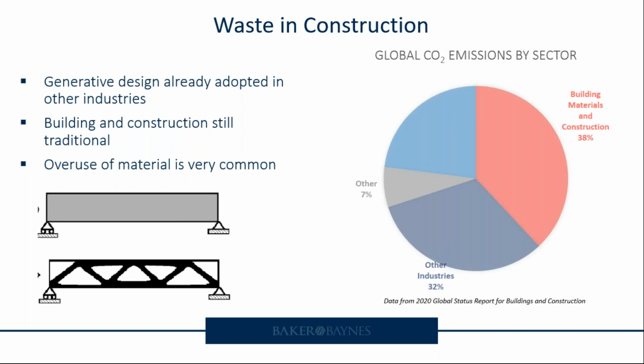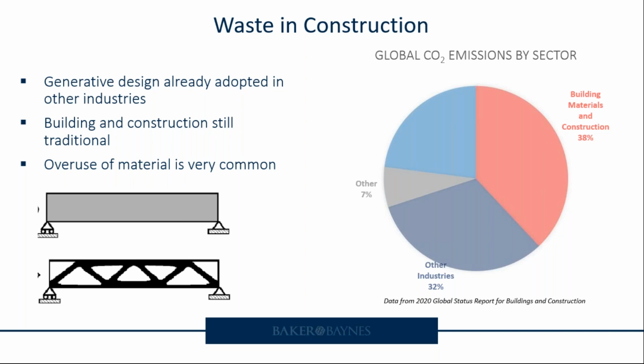If you look at this figure, it shows the contribution of global carbon emissions by various sectors in 2020. The numbers are from the Global Alliance for Buildings and Construction's annual status report. And as you can see, the building industry is the leader of carbon emissions with a contribution of about 38% compared to transport and other industries.